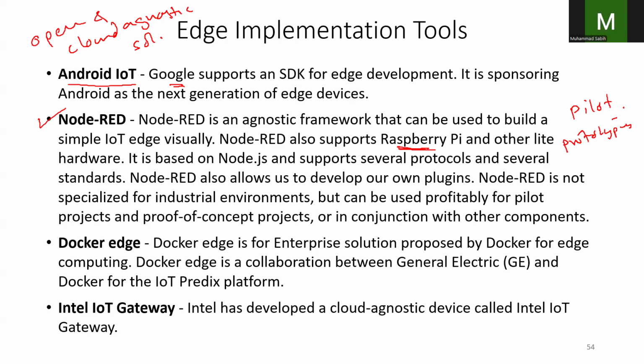Then we have Docker Edge. It is more enterprise focused, and it's a collaboration between General Electric and Docker. It is tailored for the Predix IoT platform, and it brings a container-based architecture to the edge.